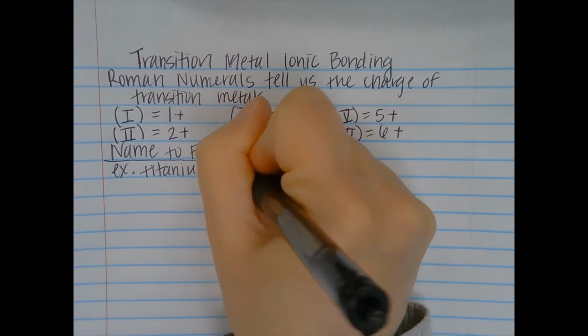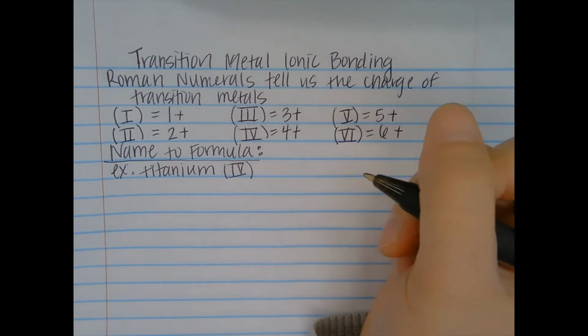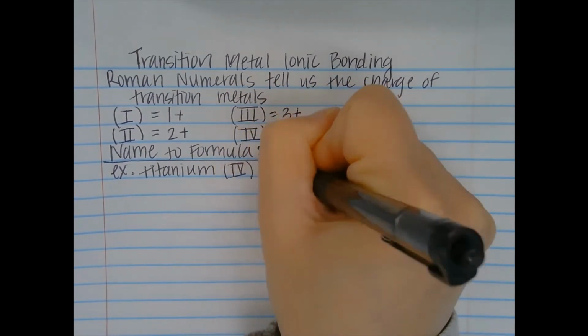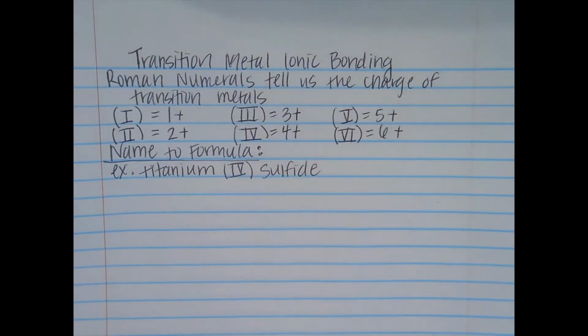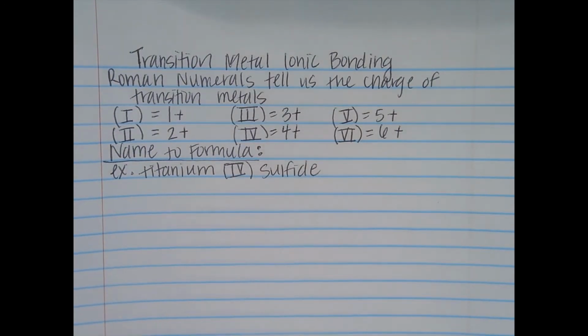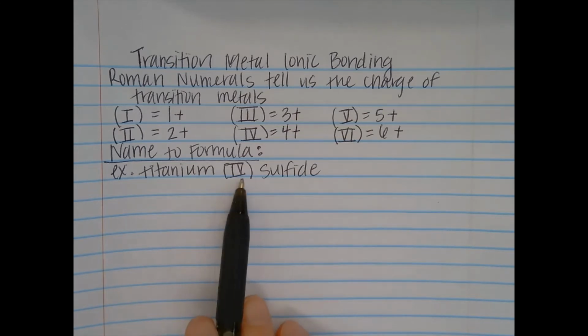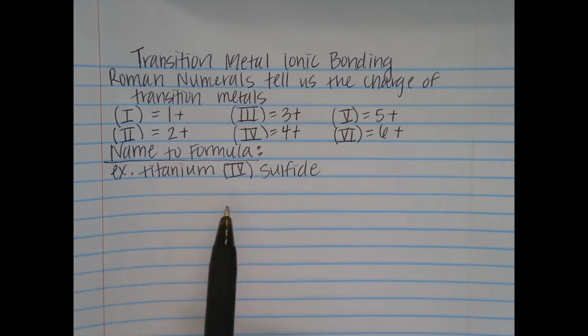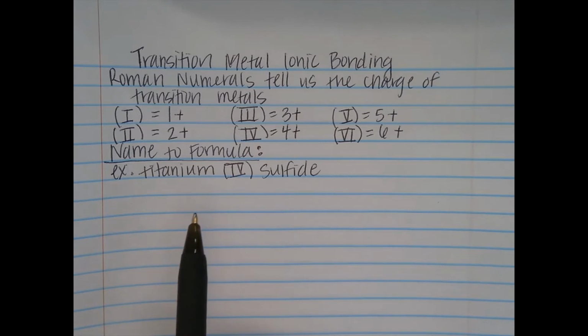Titanium 4 sulfide. Sulfide is familiar; we were dealing with that before. Titanium is a transition metal, and the new part is the 4. This Roman numeral 4 literally tells us the charge of the titanium.